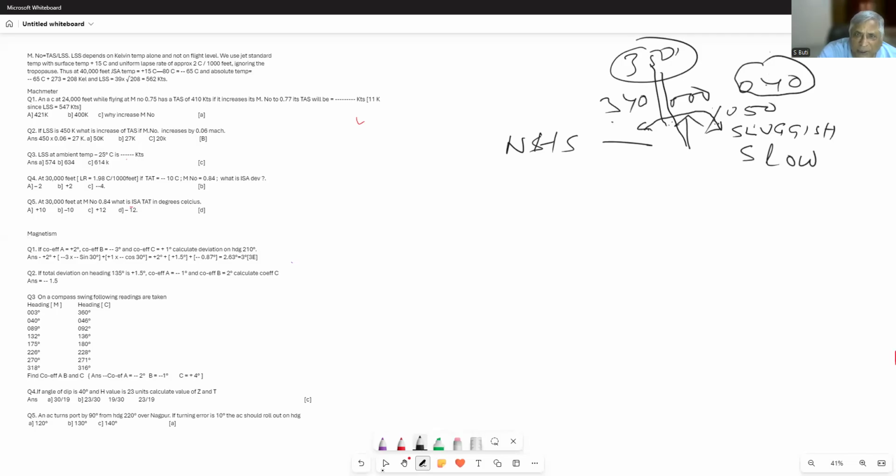So point to remember is, don't go by early or late and define it from the point of rolling out. When the compass is sluggish or slow, the total turn should be less.